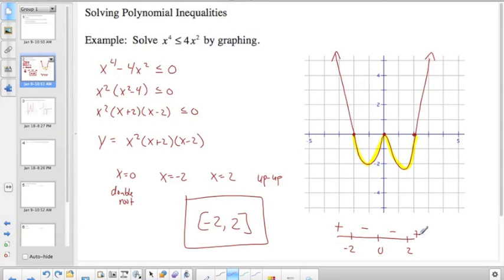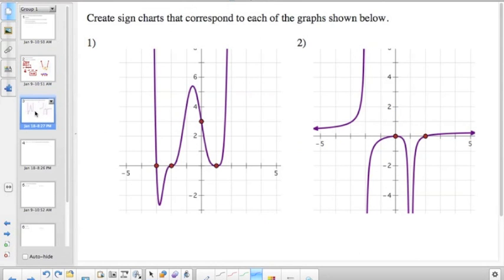So we can see just from this sign chart that our function is less than 0 in this region. And since we want less than or equal to, we know that we're going to include negative 2 and 2. So that's one way we can do it without graphing. And we're just going to practice on this next slide. We're going to make sign charts based on these graphs.